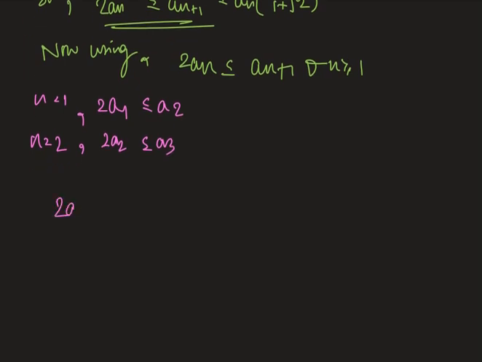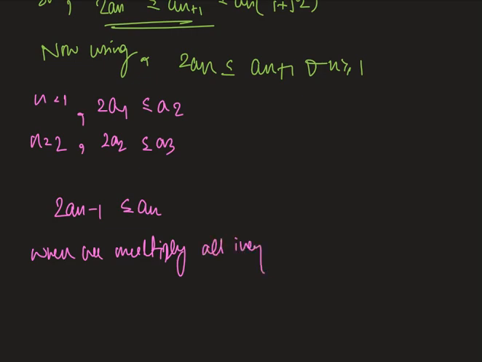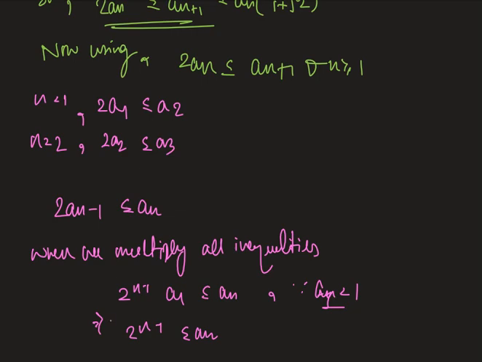Therefore, we can write 2a_{n-1} is less than or equal to a_n, and when we multiply all inequalities, we get 2 to the power n minus 1 times a1 is less than or equal to a_n, and as a1 equals 1, we can write that 2 to the power n minus 1 is less than or equal to a_n.